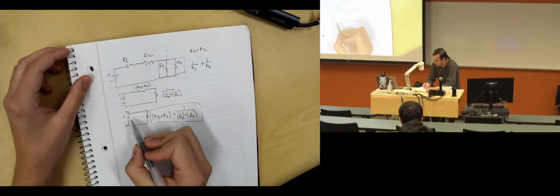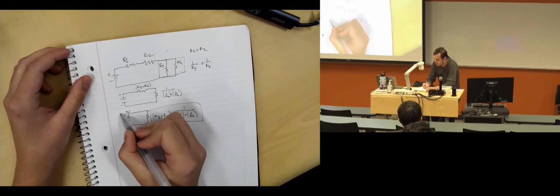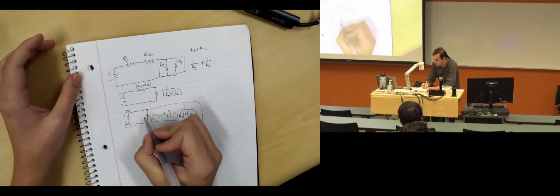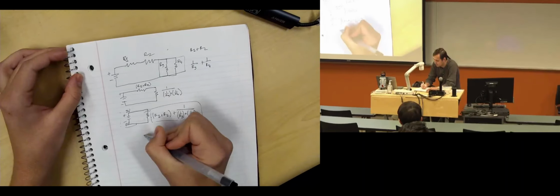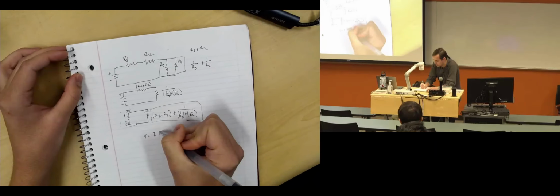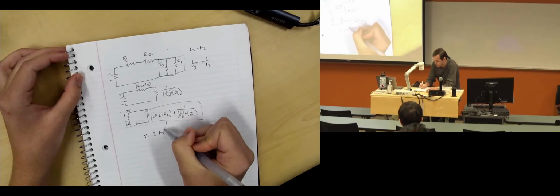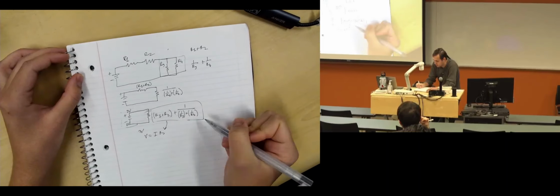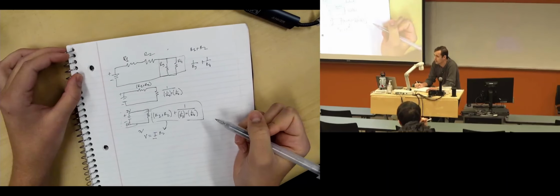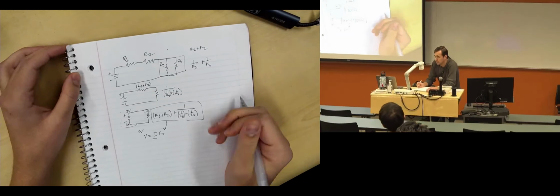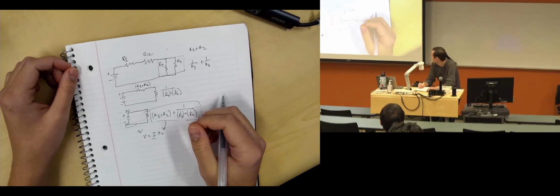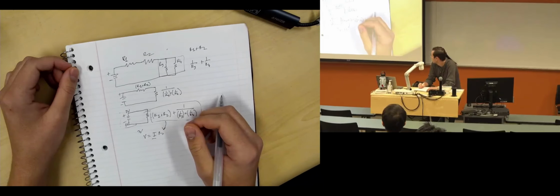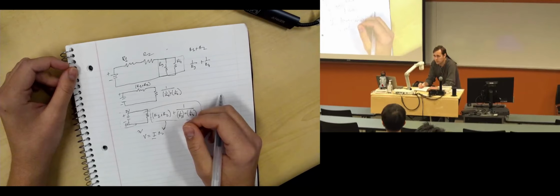But now that we're modeling it with just one battery, or one voltage source, and one resistor, it's super easy. We have our V equals IR. You put the equivalent resistance here, and then you have your voltage, and then you can just solve for I. So this is a great way to simplify whatever you're modeling and find out the current. Does this make sense? Great.